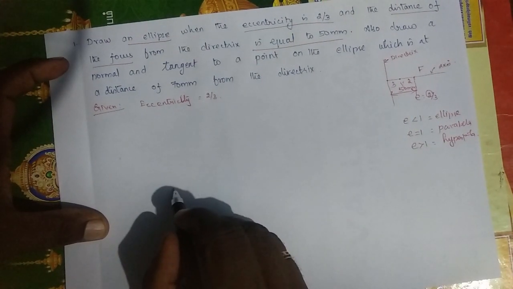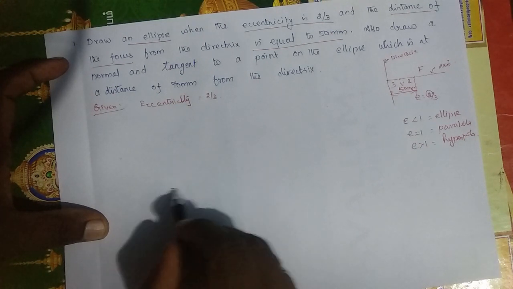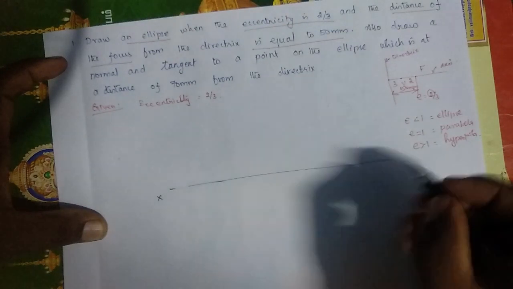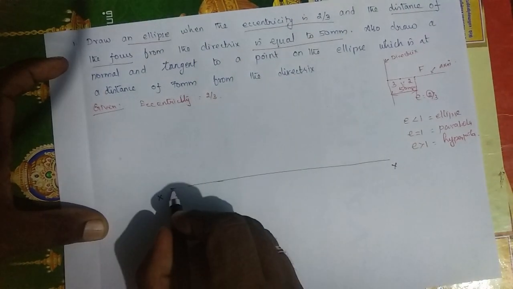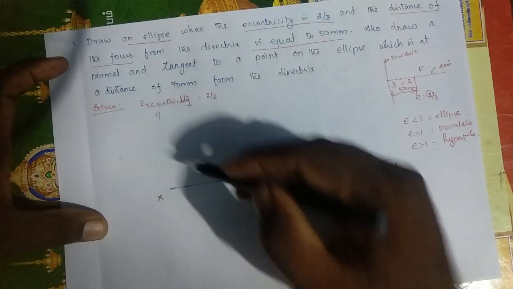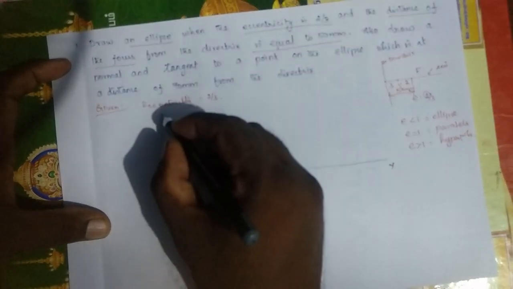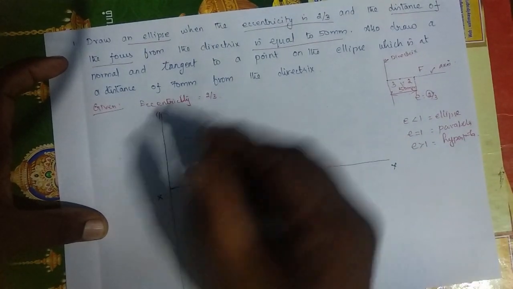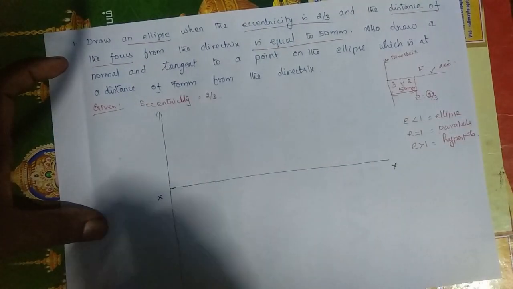Now I am going to draw a parallel line. This is the XY line, this is the axis, and this is the directrix.